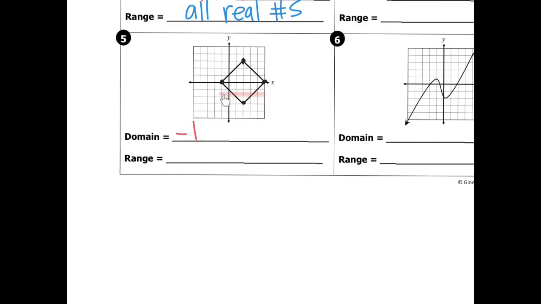As I scan over and over across my pink line, the furthest most right point is right here at positive 1, positive 2, positive 3, positive 4, positive 5. So my work in this shape ends at positive 5. So what I know is that all of my x values on this graph are somewhere in between negative 1 and 5.